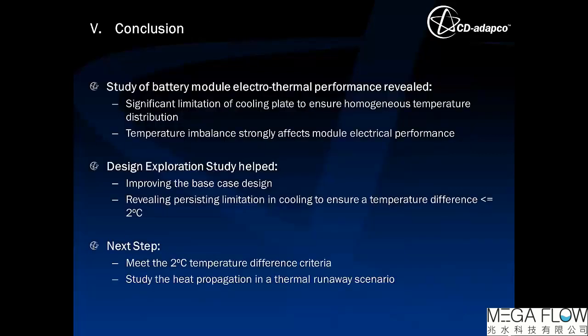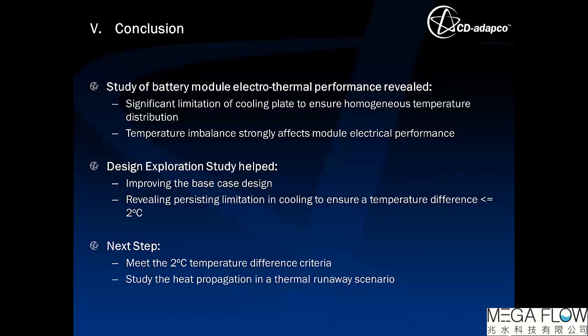So as a conclusion out of this study, the first study of the battery module electrothermal performance revealed a significant limitation of the cooling plate to ensure homogeneous temperature distribution. And this temperature imbalance strongly affects the module electrical performance.